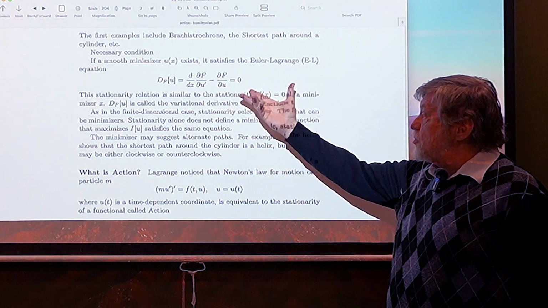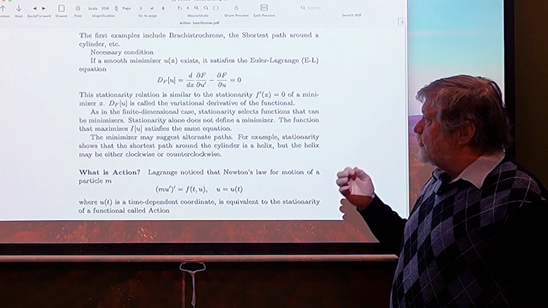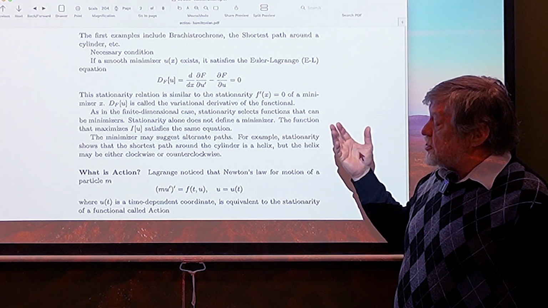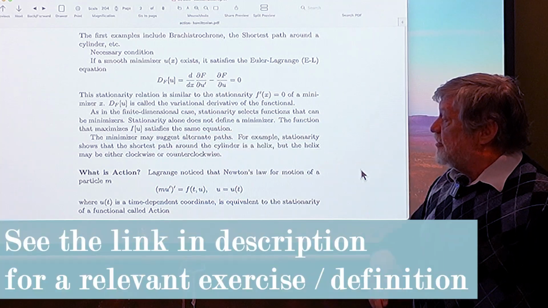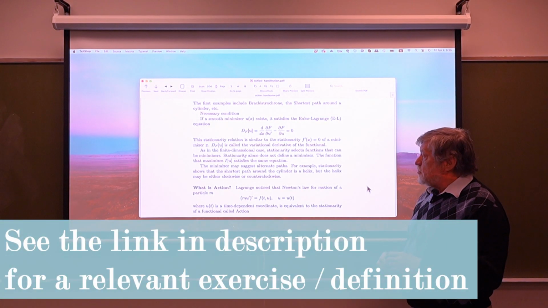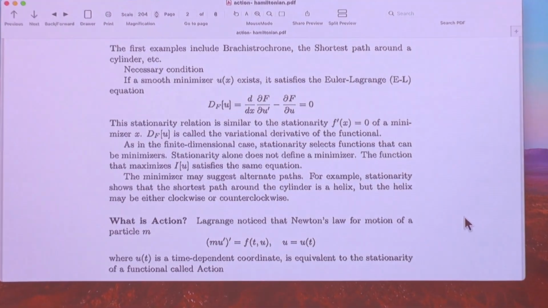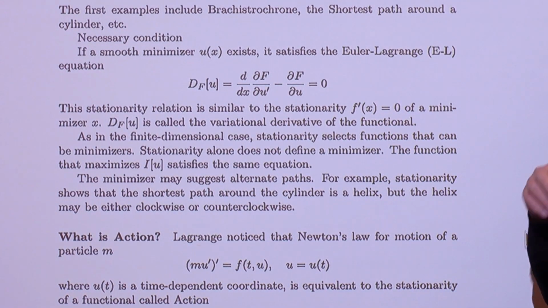That's the equation, called the stationarity condition, and the left-hand side is called the variational derivative. And this condition is similar to stationarity in calculus. The derivative of a function is 0 if x is the minimal point.